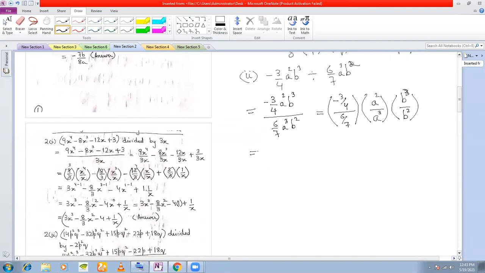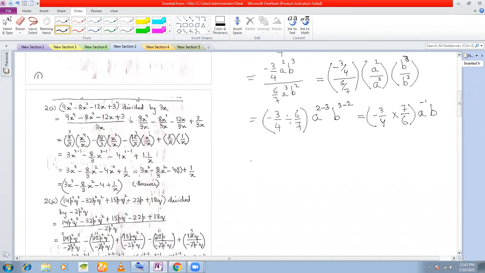Now here you have minus 3 by 4 divided by 6 by 7. And this will become a to the power of 2 minus 3, b to the power of 3 minus 2. So now here, this division will change to multiplication. You will have to take the reciprocal. 6 by 7 becomes 7 by 6, a to the power of minus 1, and you have b to the power of 1.